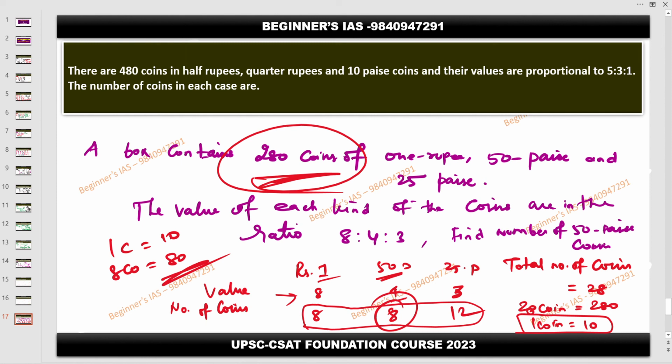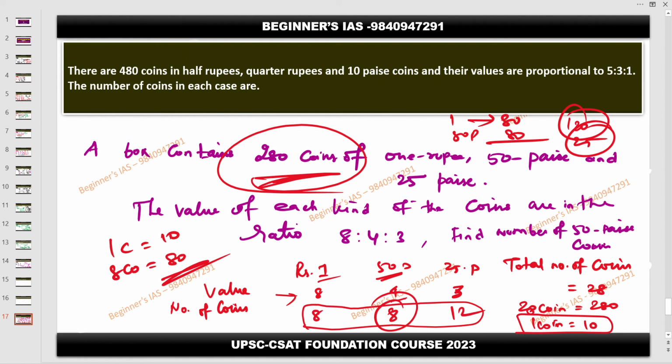If the question is dealing with 1 rupee, also 80. 80 one-rupee coins, 80 fifty-paise coins, then how much remaining? 120. 120 twenty-five-paise coins will be there. Clear?